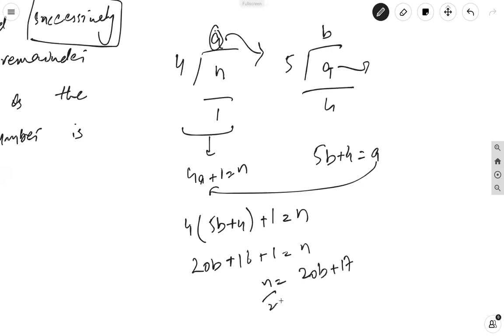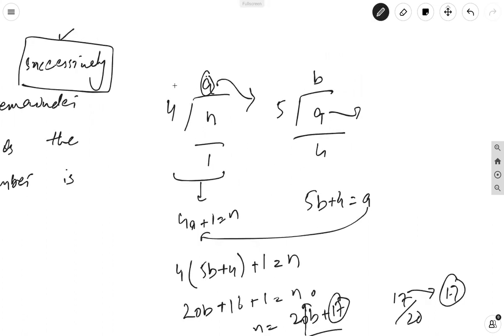Now, if we divide this by 20, 20b is a multiple of 20, so the remainder is 0. And for 17 over 20, the remainder is 17. So in successive division, the first division is the same as normal, and for the second division, just take the quotient of the first and proceed further.